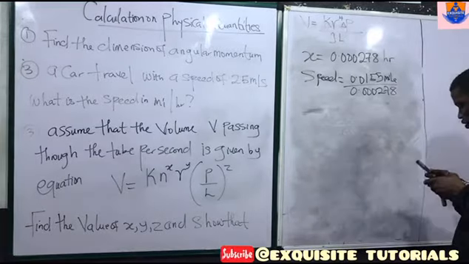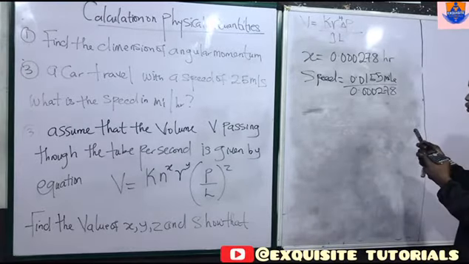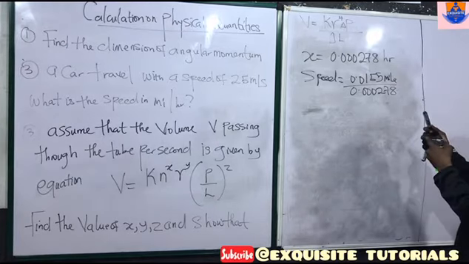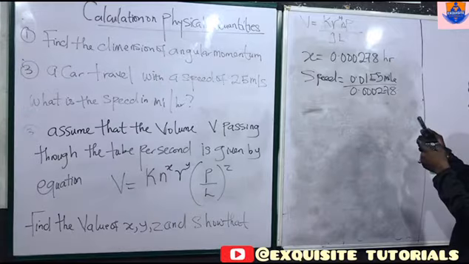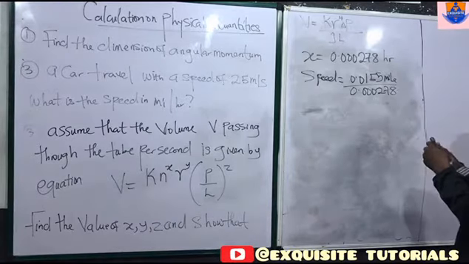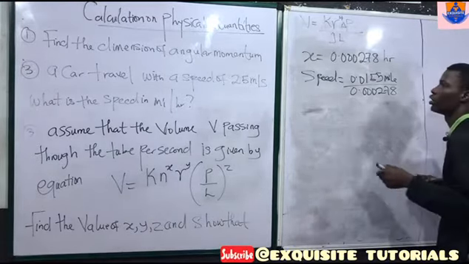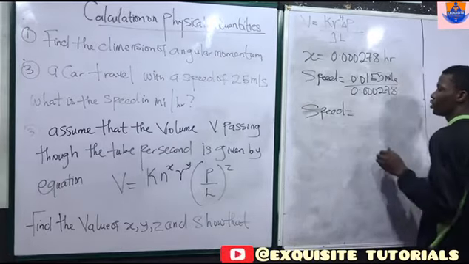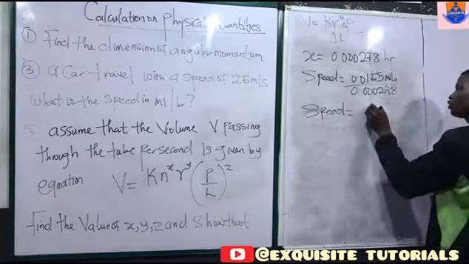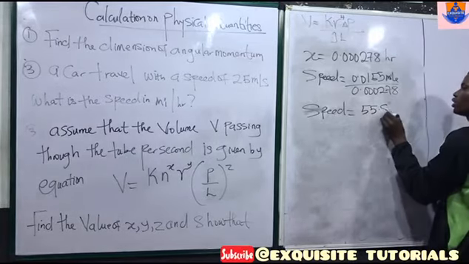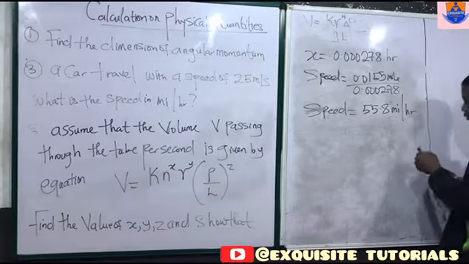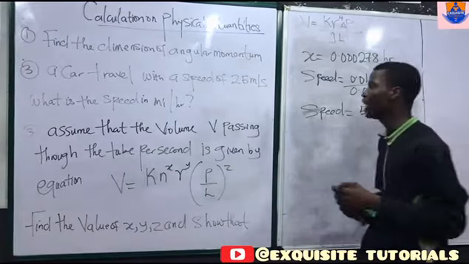If you punch your calculator, 0.0155 divided by bracket answer, you'll have 55.8 miles per hour. So that is that for that.